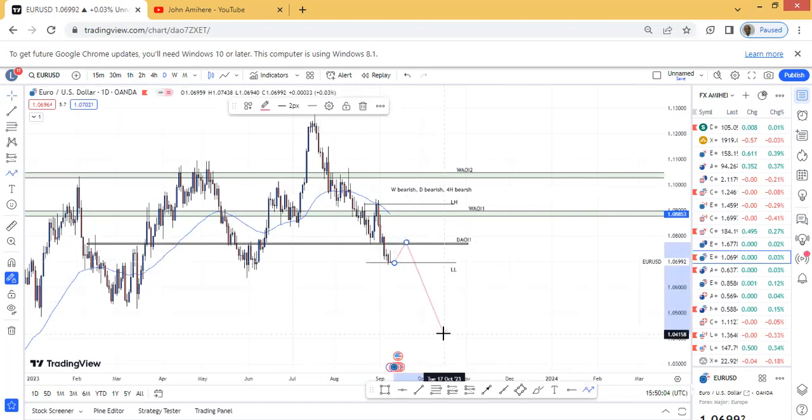That's the first area. Now, if price breaks through this area, then I'll be looking to sell from here. But I'm not just going to sell because price has gotten there.